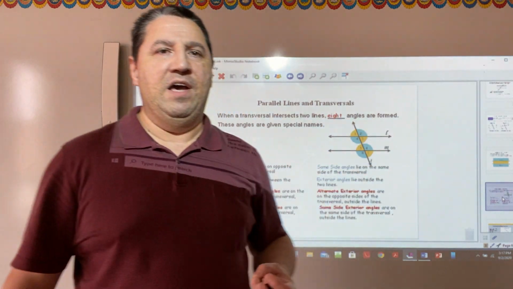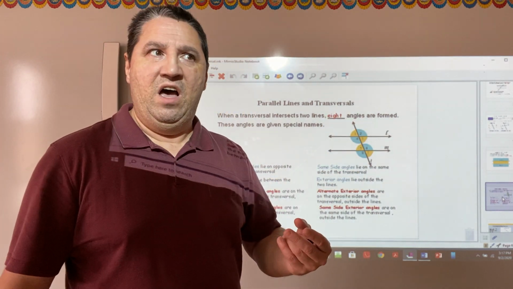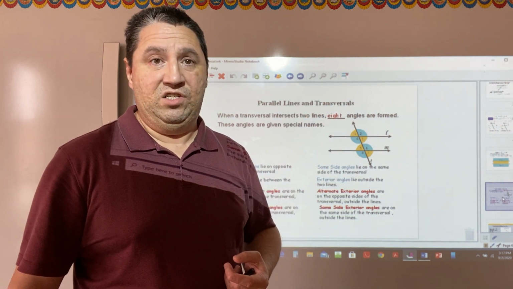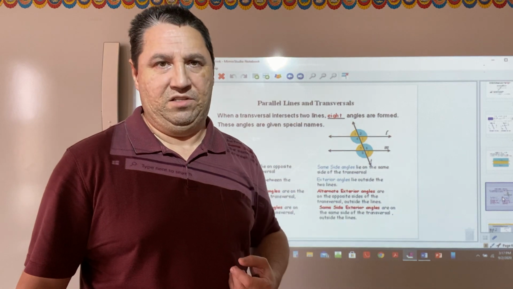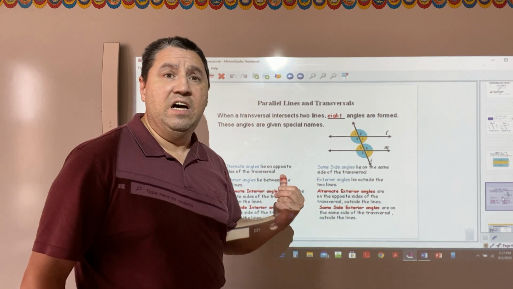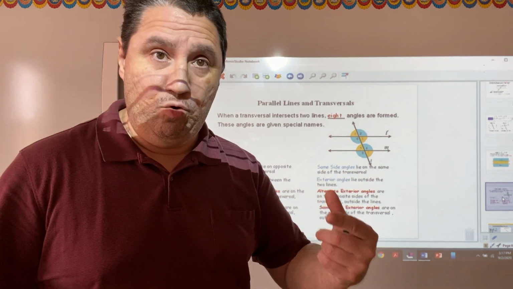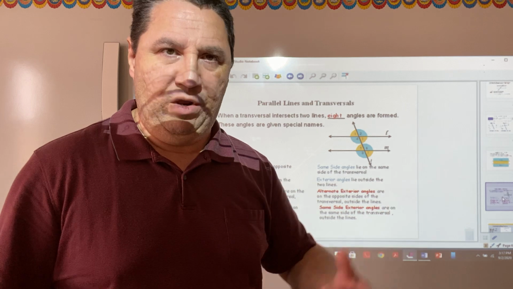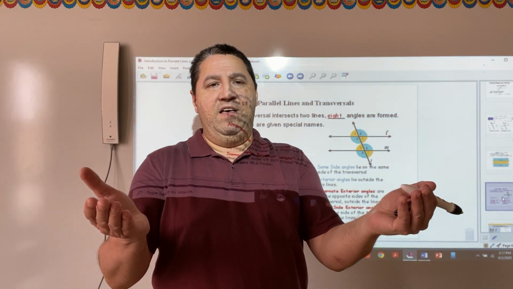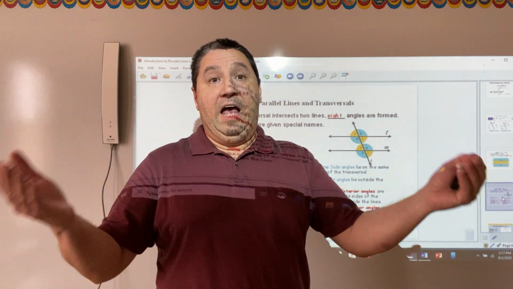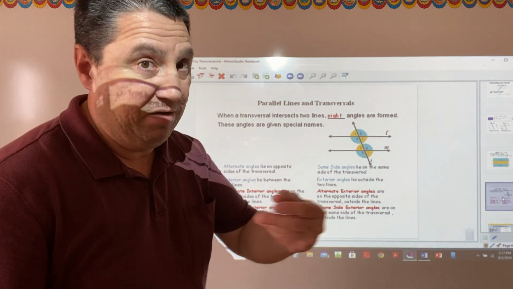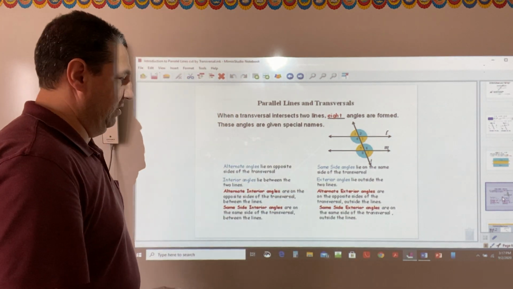The fourth type is vertical angles. I hope you remember vertical angles; we should be familiar with this term. And the fifth type is linear pair. Linear pairs are two angles that add up to 180 degrees, or form a line. That's why we call them linear angles.